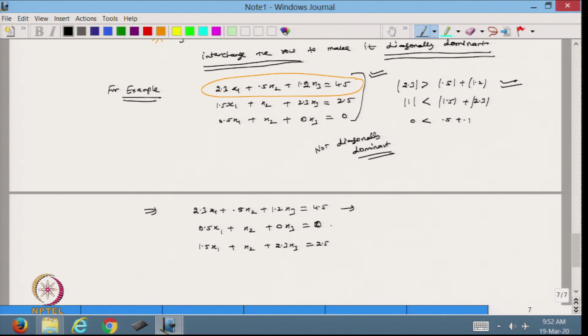Now I will see that these are my diagonal elements. From here I can say that 1 is greater than 0.5. From here, 2.3 is greater than 1.5 plus 1. So it is not greater.